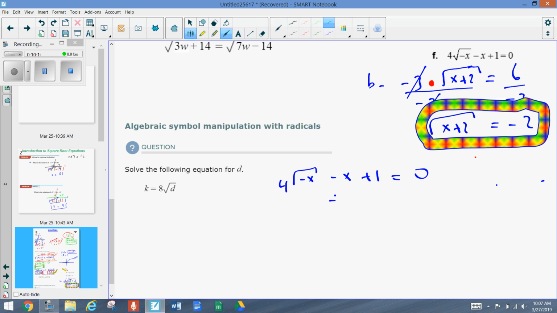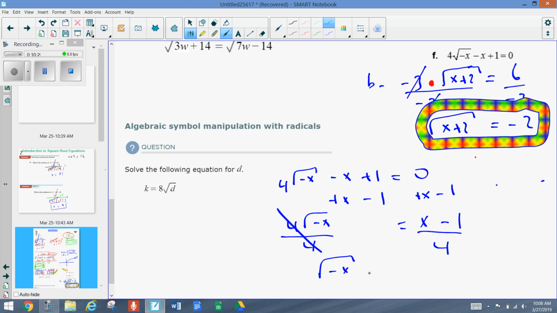I add x and subtract 1 to both sides. So 4 root negative x, they will cancel out, is equal to x minus 1. Divide both sides by 4. Root x is equal to x minus 1 over 4.